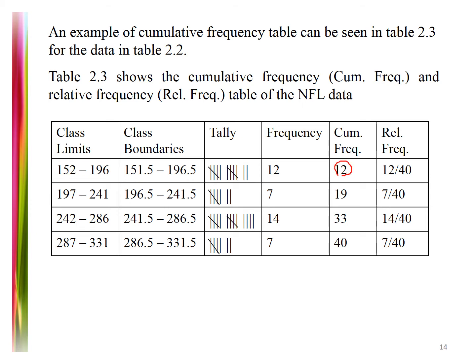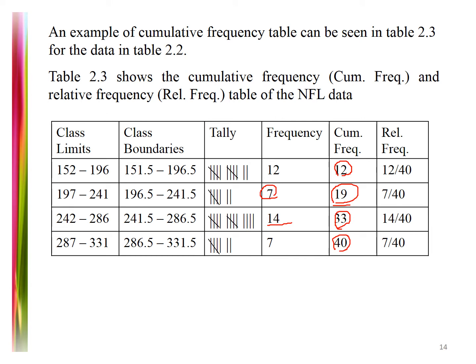The second cumulative frequency is equal to the previous cumulative frequency plus the corresponding frequency, so 12 plus 7 is equal to 19. Similarly, the third cumulative frequency is the previous cumulative frequency plus the corresponding frequency, 19 plus 14 is equal to 33, and finally 40. In every situation, your last cumulative frequency should be equal to the total number of observations.